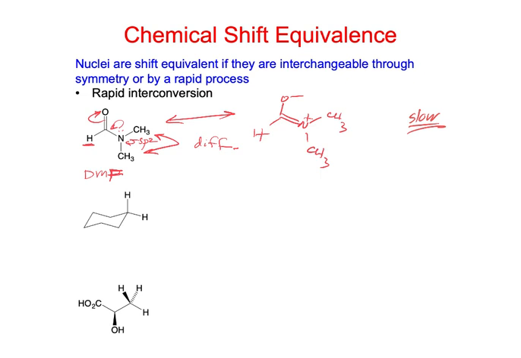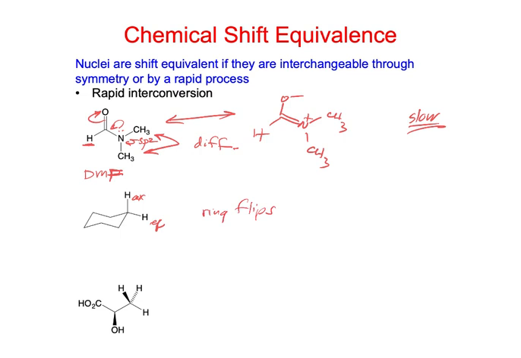Okay, we'll see more later, but when we have a cyclohexane, we have an axial position and an equatorial position, and those positions can have different chemical shifts. However, if we have some system where this can do ring flips, so if this ring flips at a fast rate, then we would have a single signal for those.